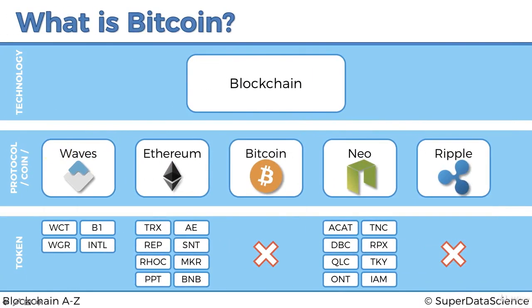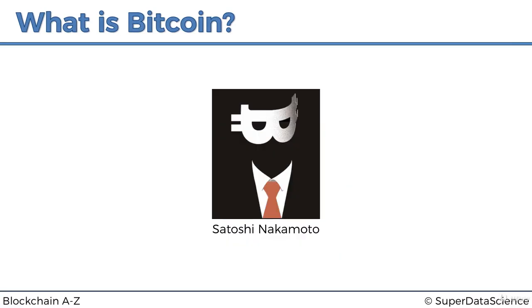Okay, let's quickly talk about what Bitcoin actually is. Bitcoin was invented in 2008 by a person or people operating under the name Satoshi Nakamoto. Nobody knows exactly who Satoshi Nakamoto is. They don't know if it's one person or many people, and it's still a mystery.